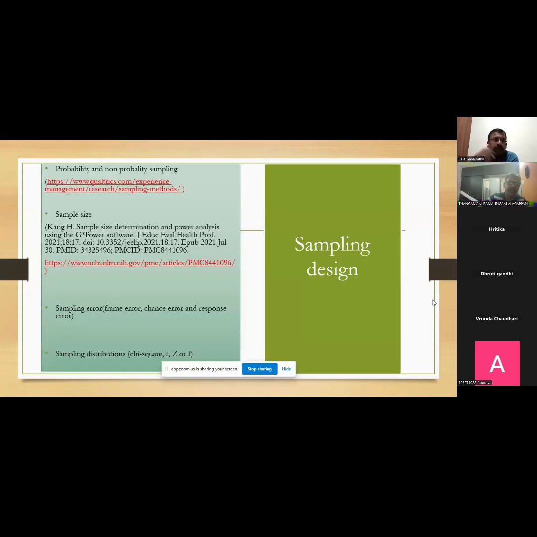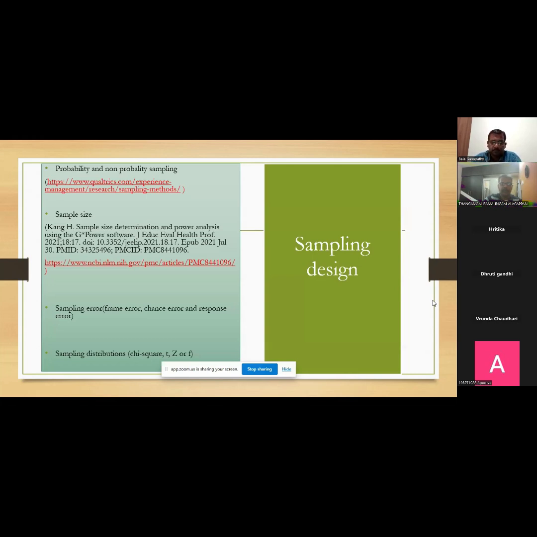Sampling design. First one, you have two types of sampling design. One is probability, another one is non-probability. Probability sampling is that every one of the population gets the equal chance to represent the sample.